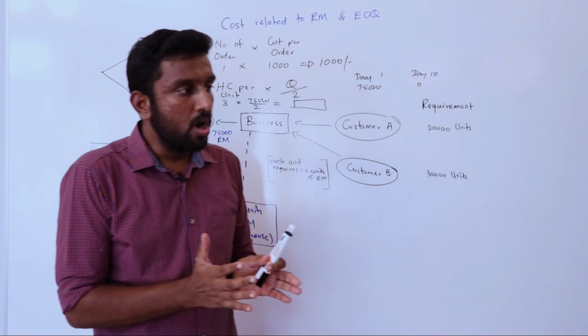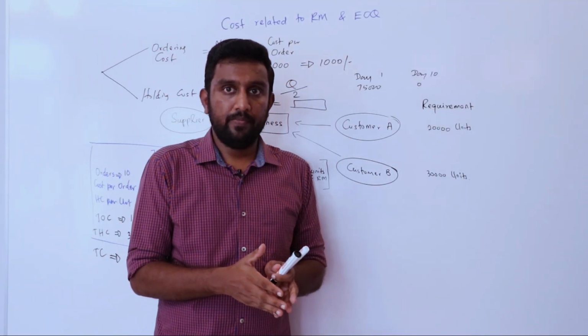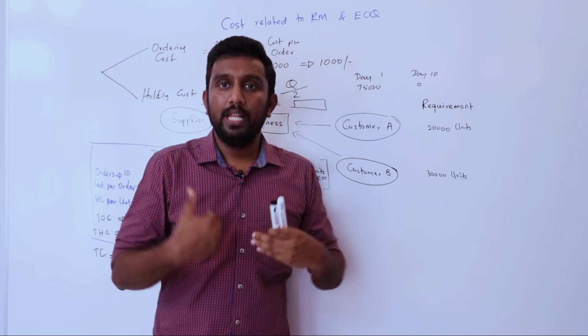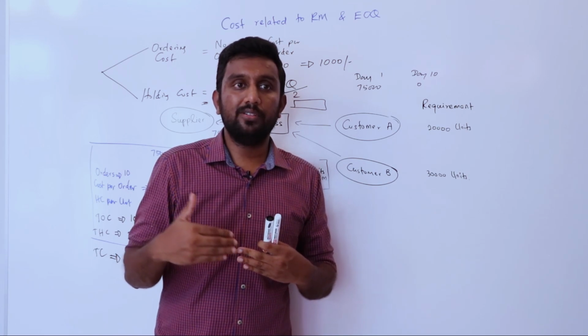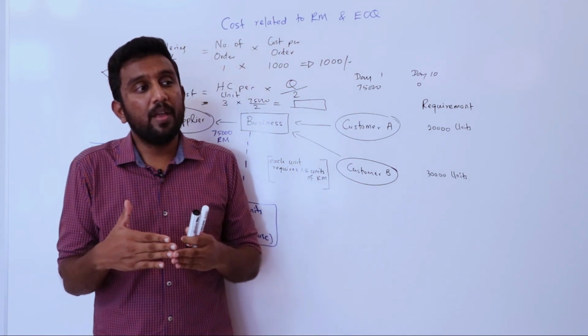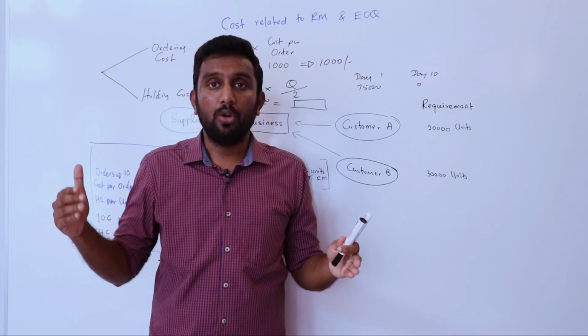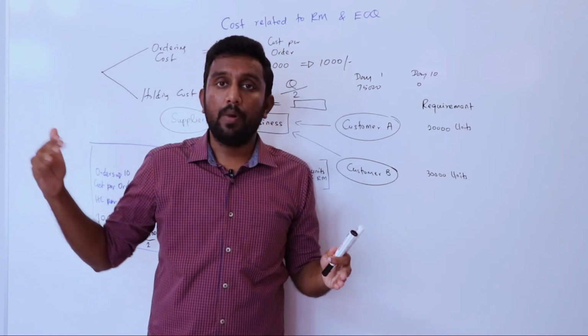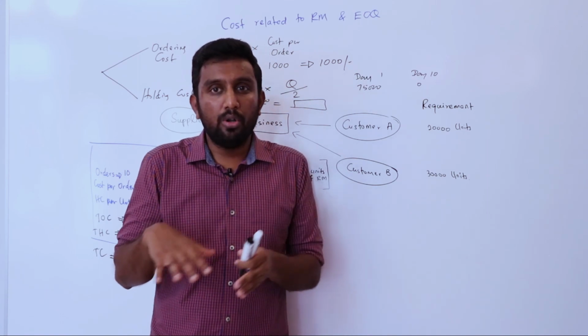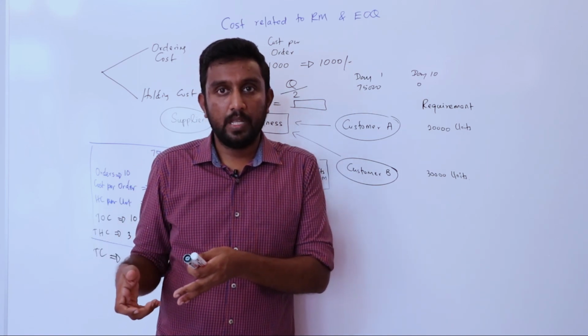So now I'm going to talk about how they're going to manage these costs, because we know that if my ordering cost increases, my holding cost will decrease. If I make more orders, my ordering cost will increase, but my holding cost will be less. Why? Because I'm going to hold only a small quantity.